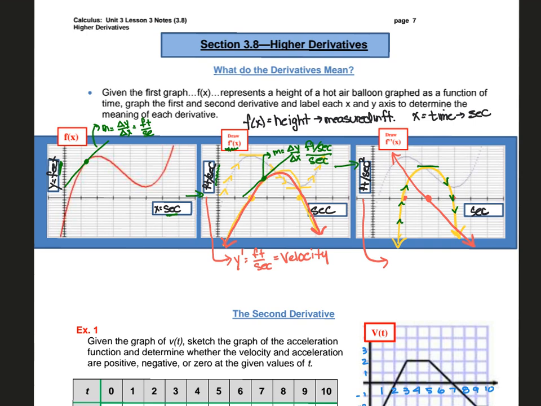What does that second derivative stand for? Well, it's a graph of the feet per second squared, which we will interpret as acceleration. All right, so what do you need to know? You need to know that our first graph, where y is measured in feet, is a graph of our position.